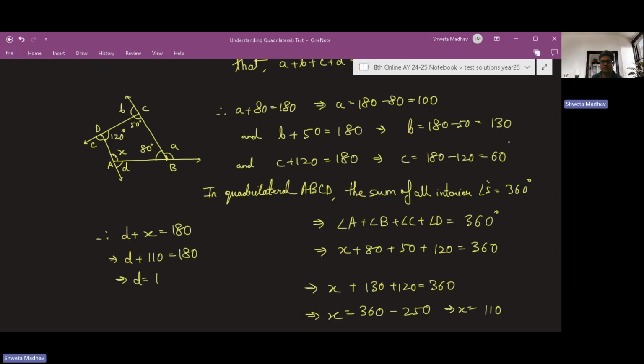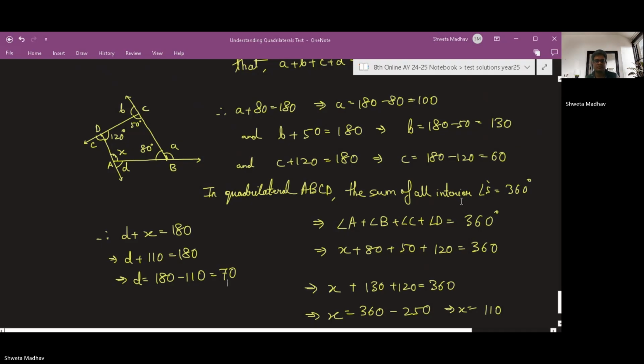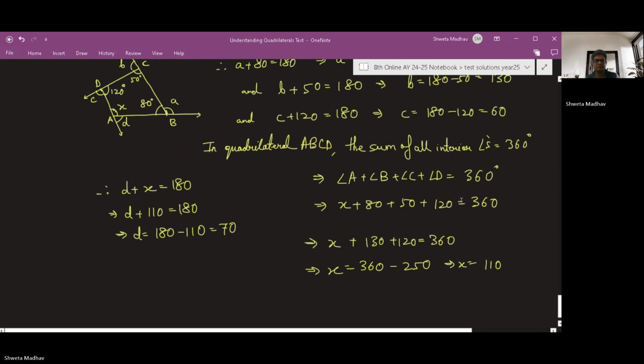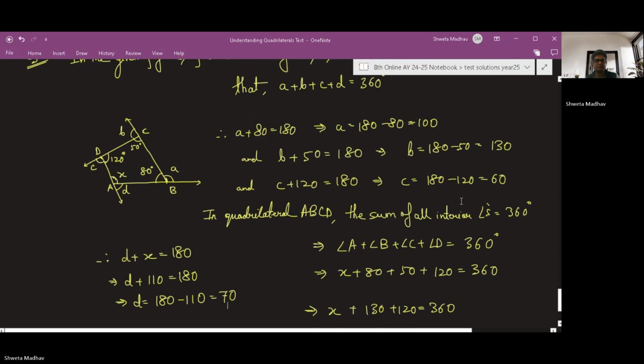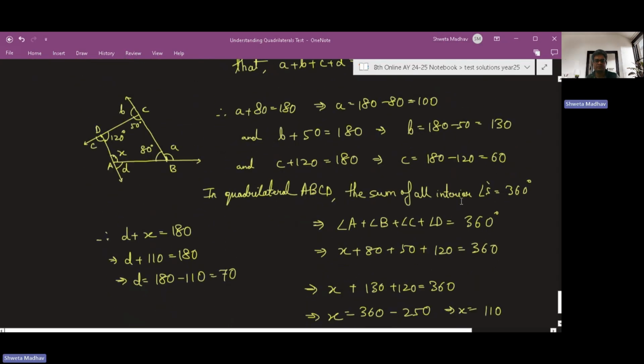So therefore D will be equal to 180 minus 110, that is equal to 70. So D will be 70.